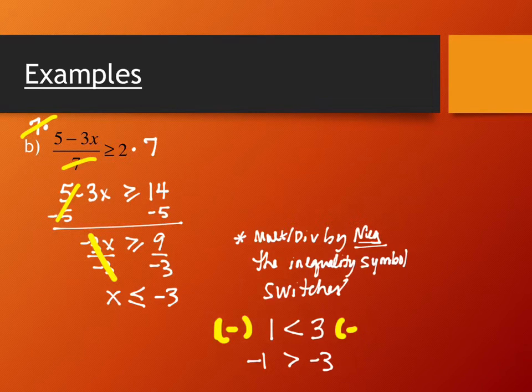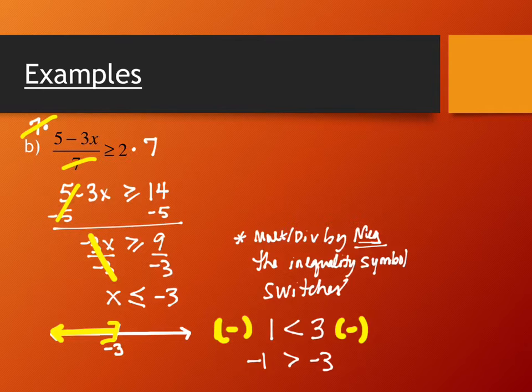All right, so going back to this particular problem now. Let's do a graph for it with my negative 3 plotted. Will I shade to the left or to the right? Left, because it's now less than. And we'll have a bracket or parenthesis. A bracket, because I have the equal sign.